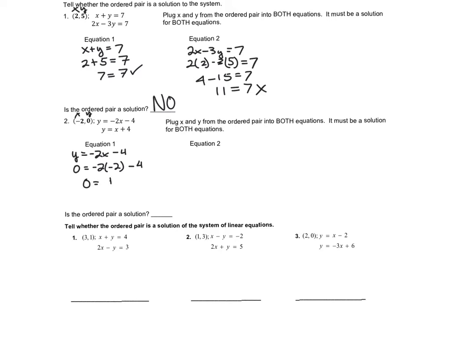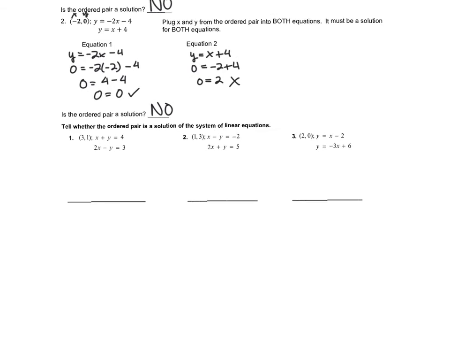So 0 is equal to 4 minus 4. So 0 is equal to 0. That is true. For the second equation, 0 is equal to negative 2 plus 4. 0 is equal to 2. Not true. So therefore, that ordered pair is not a solution to that system.